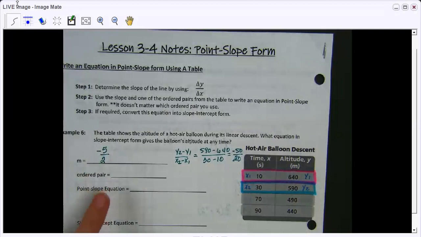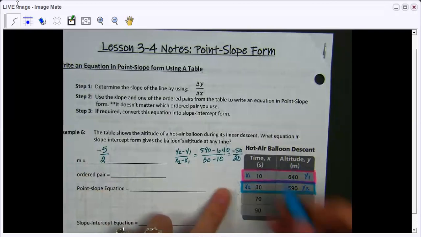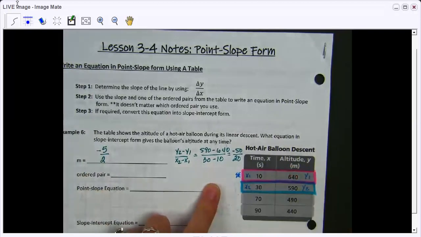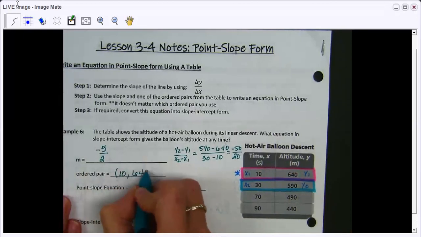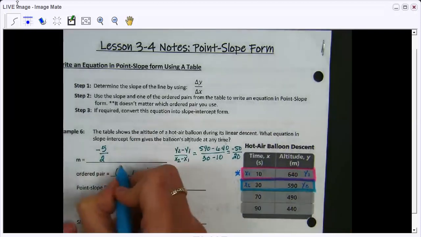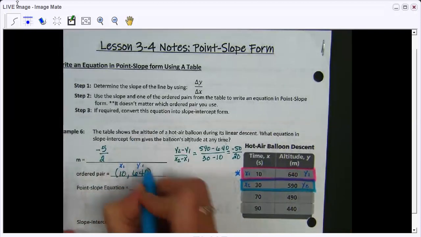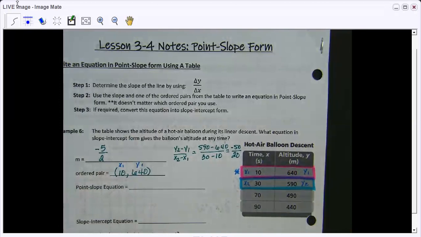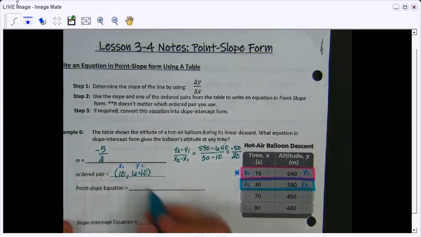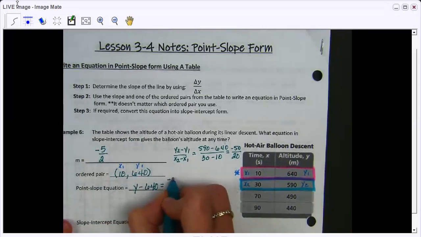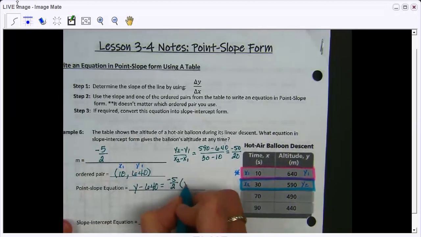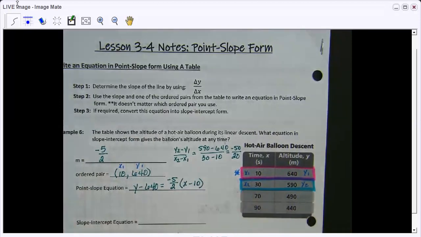Now, the ordered pair I'm going to use is going to be this first one right here. I'm going to use the ordered pair 10, 640. Okay, so my 10 is my x1, and my 640 is going to be my y1. And now at this point, I am going to plug this into the point slope formula. So I have y minus 640 equals -5/2 times x minus 10.